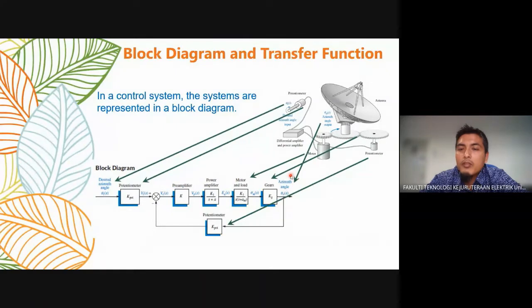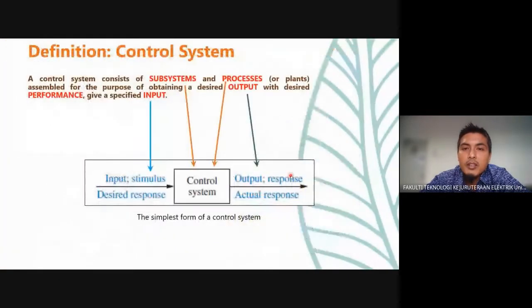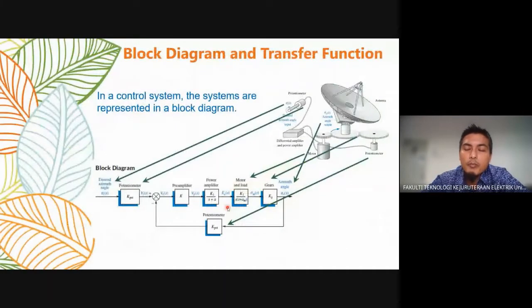It's similar to this slide: input and output, and in the middle is the control system. The control system, by definition, consists of subsystems and also processes. So this is what we call subsystems and processes.